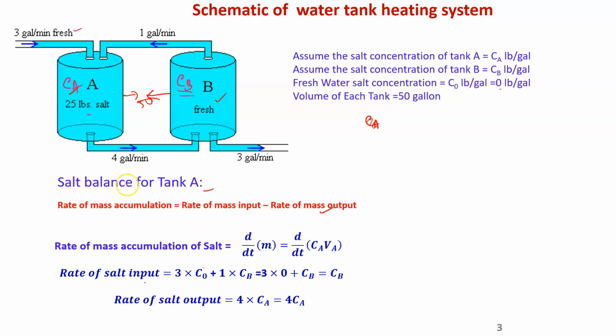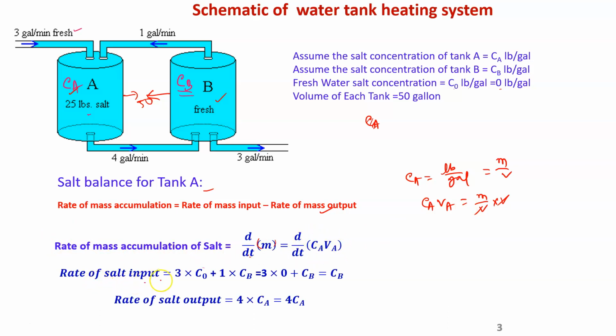Now if we do the salt balance, the rate of mass accumulation of salt for tank A is dm by dt, so d by dt of m, that is nothing but d by dt of Ca times V. We know the concentration Ca is in pounds per gallon, or you can write m by V. So Ca into V is nothing but m by V into V, which is m, meaning the rate of mass accumulation of salt is d by dt of Ca times V.